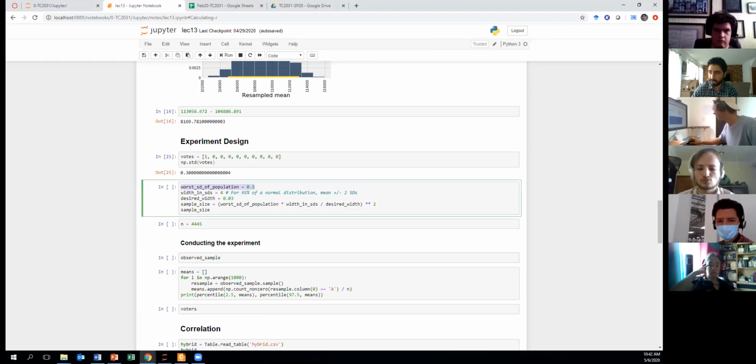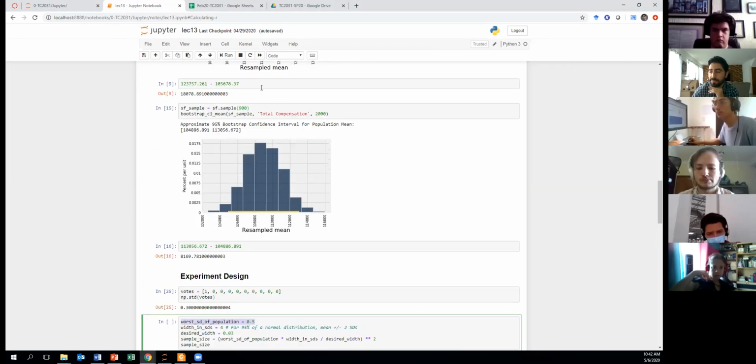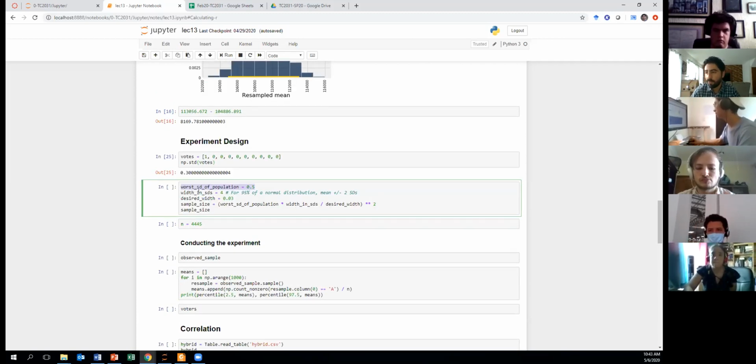So now I have the equation to calculate my sample size. I can know exactly what sample size I want. So this is not the case anymore. I'm not going to sample once and see what's happening with my standard deviation, then go take another sample to get the width that I want. Here I can say my worst standard deviation for my population is 0.5 because we see it never goes beyond that. So this is the width in standard deviations, which is 4 for a 95% normal distribution. As we said, it should be mean plus or minus 2 standard deviations. So this is the desired width that I want, 3%.